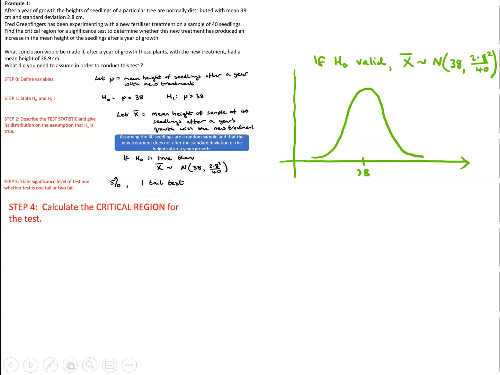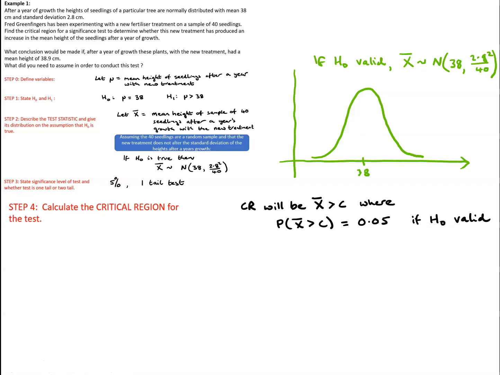The critical region for the test is going to be the values for which x bar is greater than c, where the probability that x bar is greater than c is 0.05 when the null hypothesis is valid. Now, when we're using the calculator, we need to remember that we need to use left-hand tails rather than right-hand tails. So the probability that x bar is greater than c is 0.05 is the same thing as saying that the probability that x bar is less than c is 0.95.